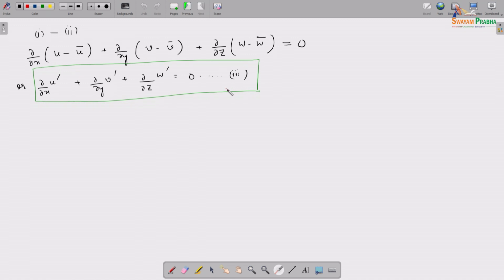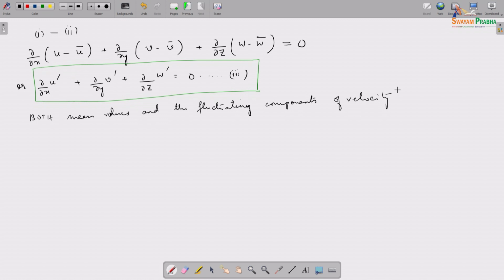Is that right? So, I think we should write that as a statement here. This is basically telling us that both the mean values as well as the fluctuating components of velocity satisfy continuity.